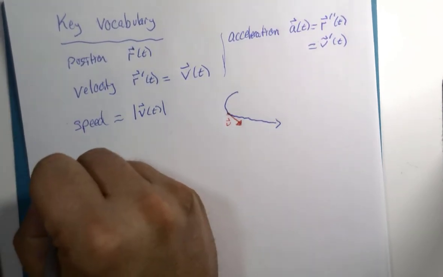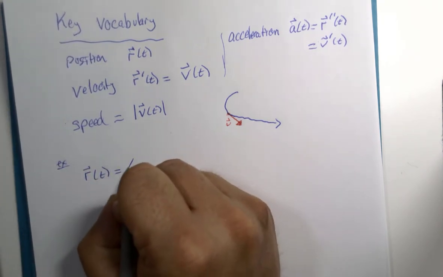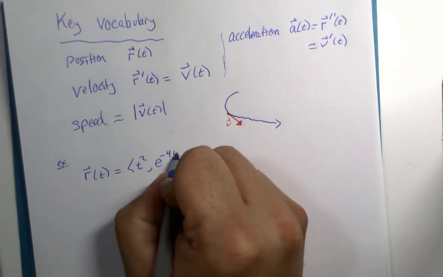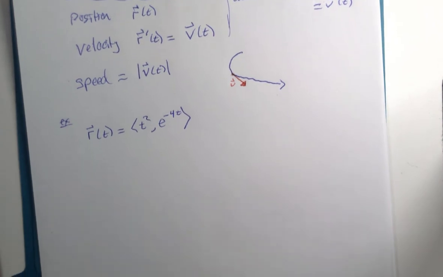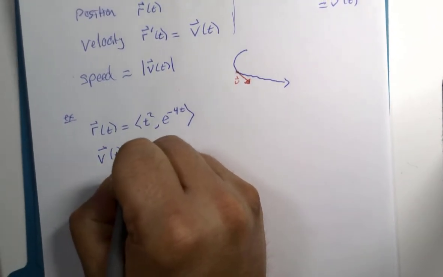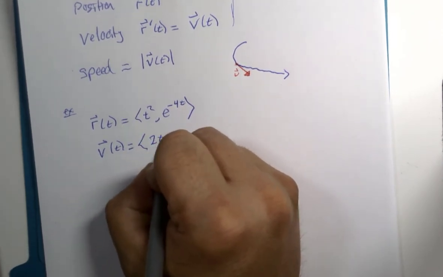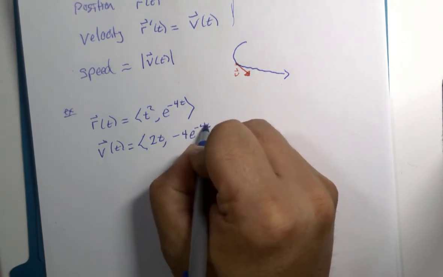If r of t is t squared comma e to the negative 4t, then the velocity vector is your first derivative, 2t, negative 4 multiplied by e to the negative 4t.